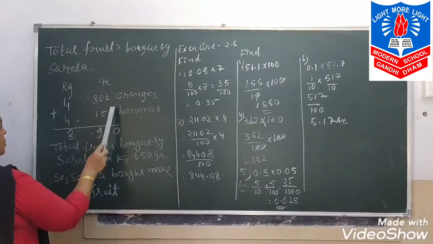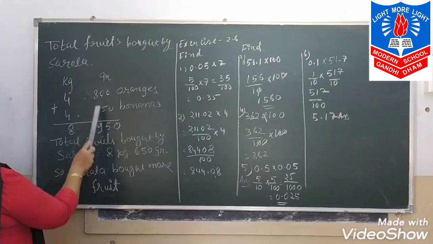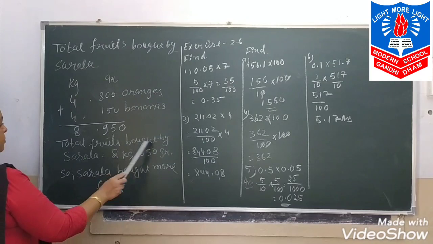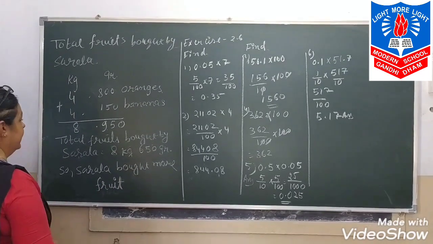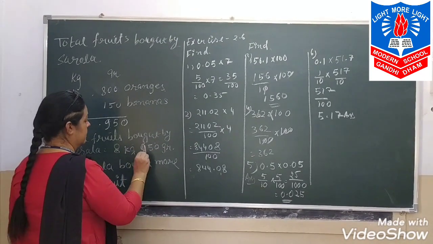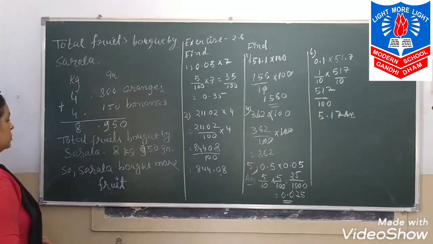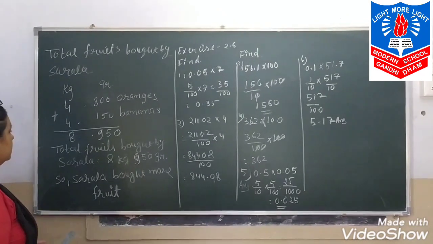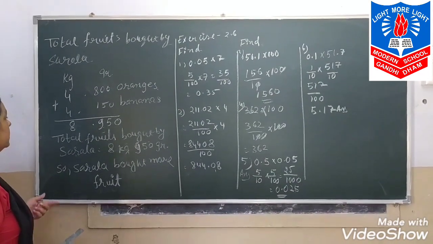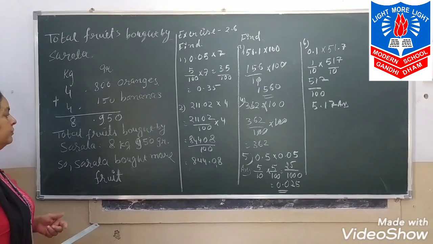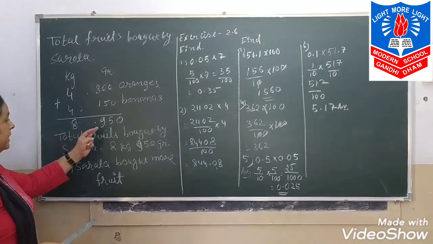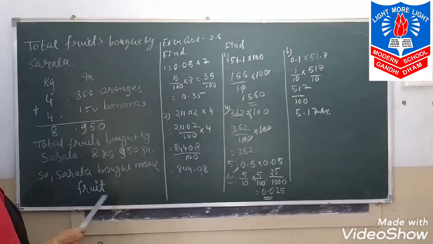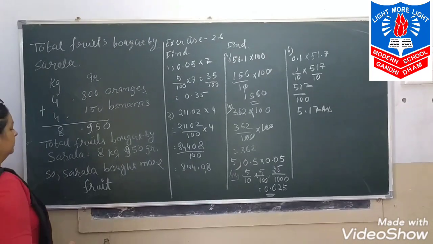Total means 8. 0, 0 plus 5, 5, 8 plus 1, 9, 4 plus 4, 8. Total fruit bought by Sarla is 8 kg 950 gram. You already found that Shyama bought 8 kg and 550 gram, and Sarla bought 950 grams. So Sarla bought more fruit than Shyama.